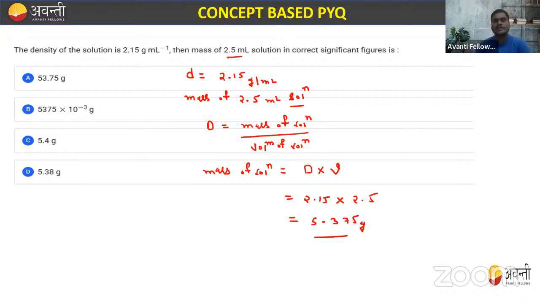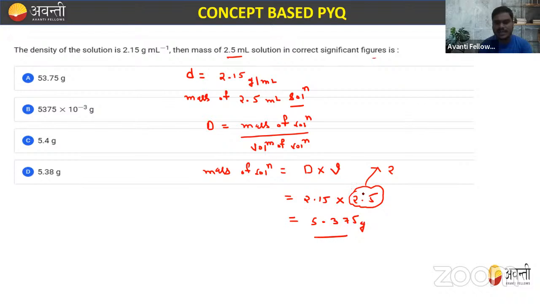That is 5.375 gram. So we can say that since 2.5 has two significant figures, how many significant figures were there? 2, right? So the mass of the solution in the correct significant figures will be. What was asked? The density is given, then the mass of 2.5 ml solution in the correct significant figures.